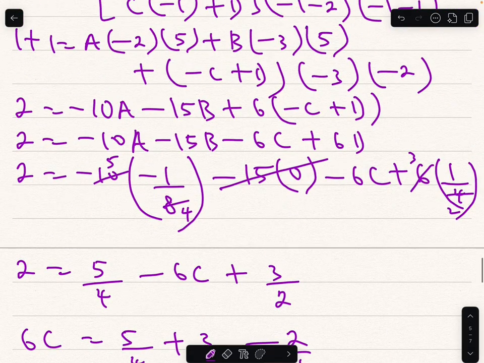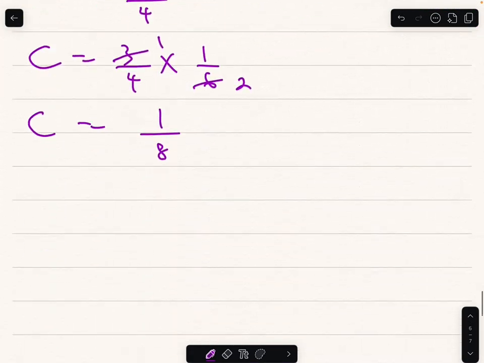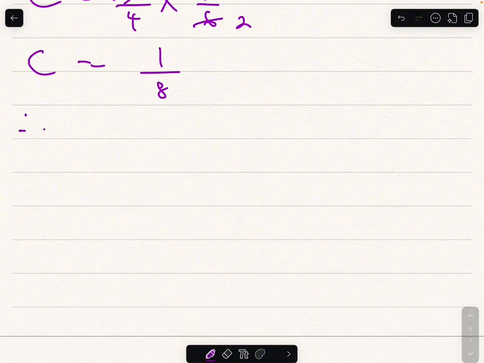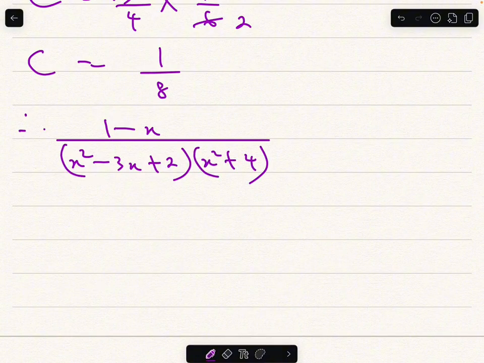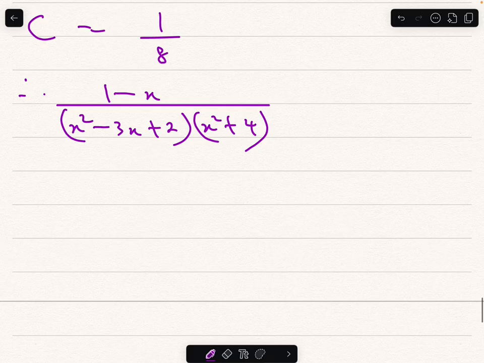Now we have all of the constants. And we can now say, therefore, 1 minus x over x squared minus 3x plus 2 times x squared plus 4 is equal to, don't forget that we split this into 2 factors.